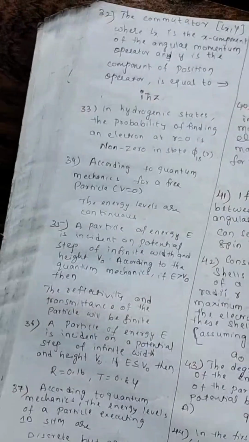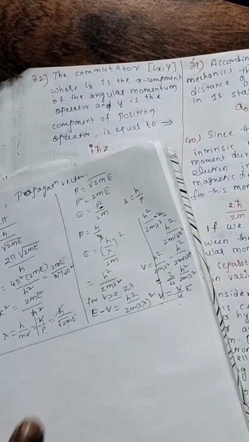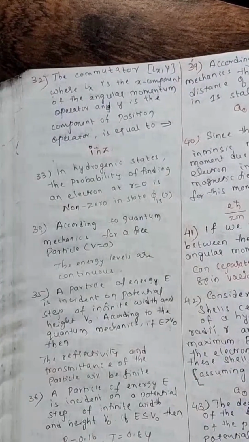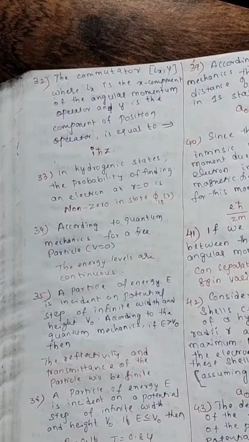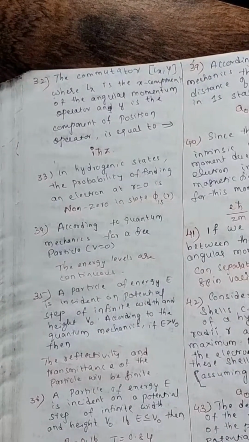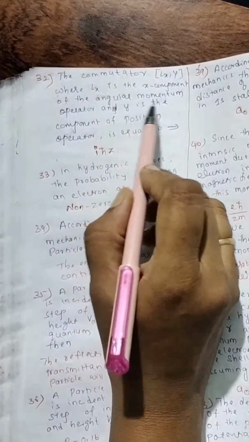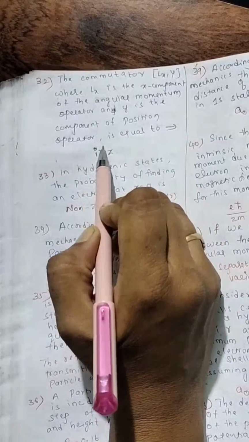Now the next question. The commutator Lx comma y, where Lx is the x component of the angular momentum operator and y is the component of the position operator.